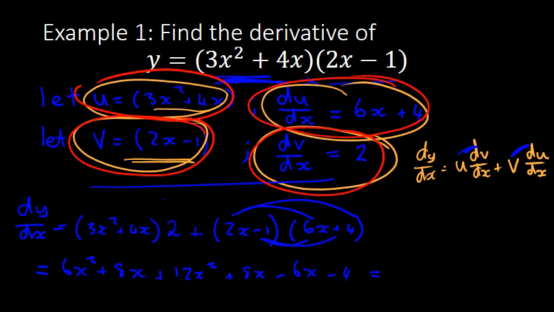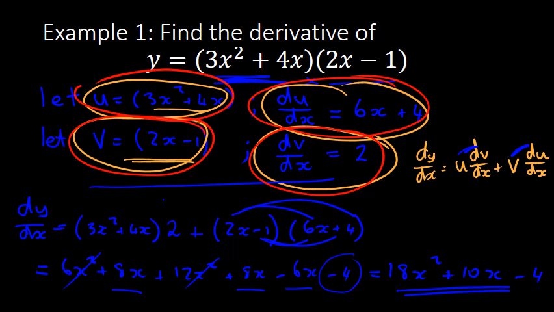That'll give us 18x squared. That's using that term and that term. And then we're going to have 8x and minus 6x. So that's plus 10x. And then we're left with a minus 4 on the end.